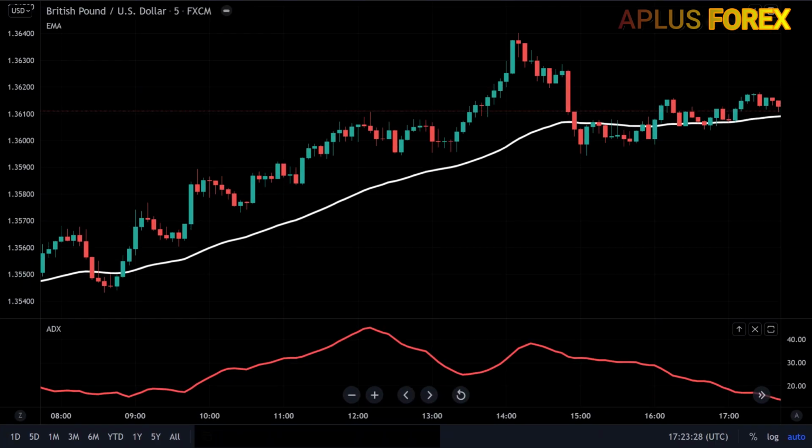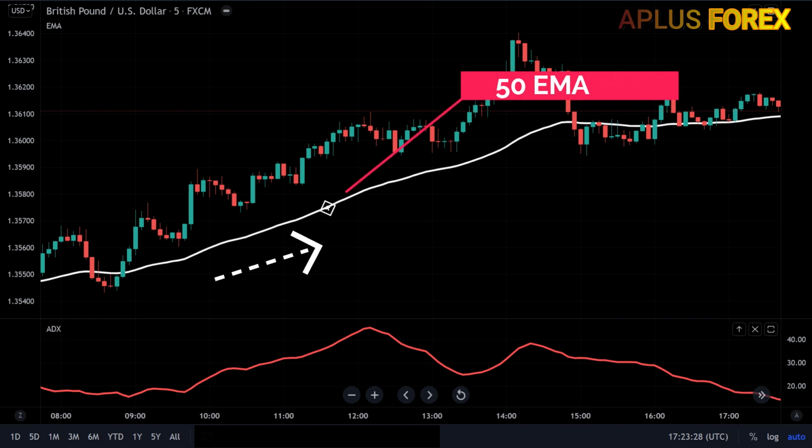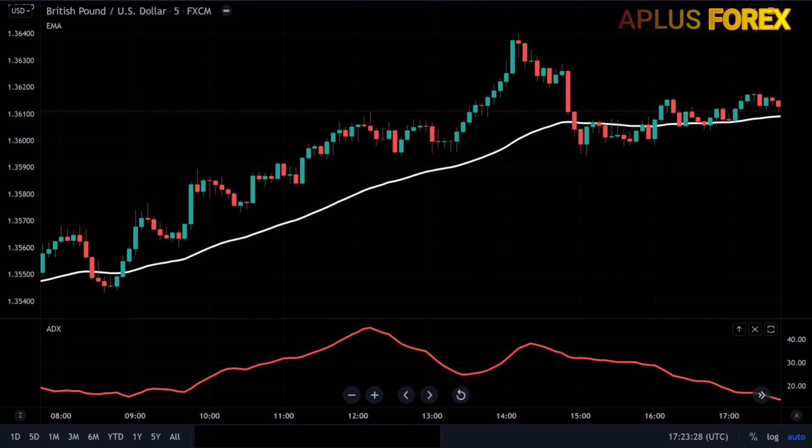Like on the chart below, we can observe the market is above the 50 EMA, meaning the market is in an uptrend direction. The ADX indicator is above 25, meaning the trend is strong, so we take a long position, putting our stop loss just below the recent swing point and target a 1 to 2 risk to reward ratio.